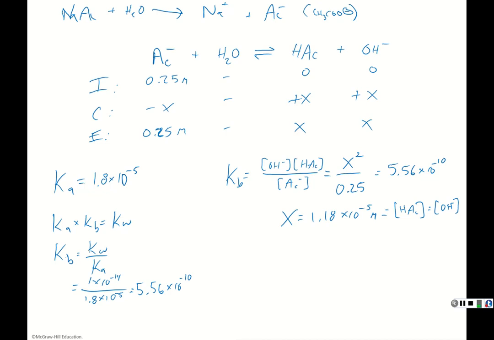So using that, we can calculate the pOH. So pOH is going to be the negative log of OH minus, which is 1.18 times 10 to the minus 5. So that gives us a pOH value of 4.93.